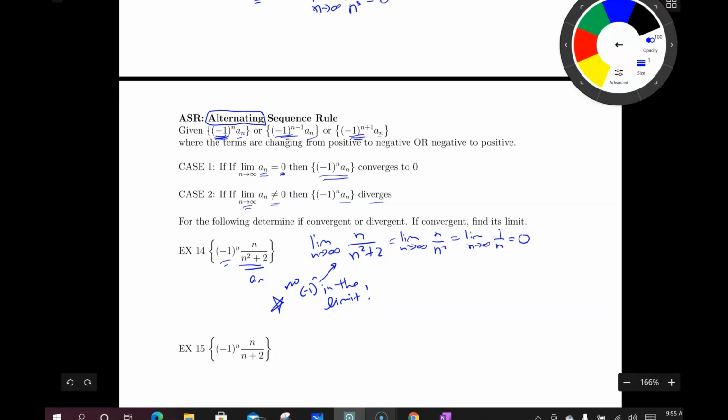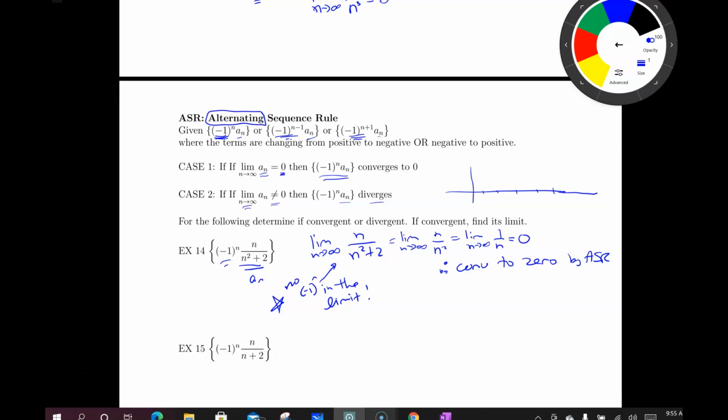So that gets us to this situation. So therefore, I know that this converges to 0. And I'm going to say by this ASR, alternating series rule. So to get a picture of what this is, plug in n equal 1 and 2 and 3 and 4, and as time goes on.